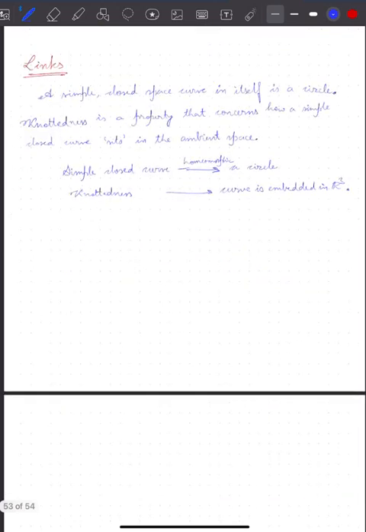Now about links, what we were talking about was that links are always the interaction between two curves. So say these two curves are linked. And just to give a 3D view, say we have this, and this curve goes from inside and comes from outside.